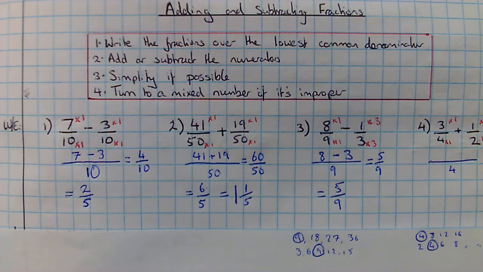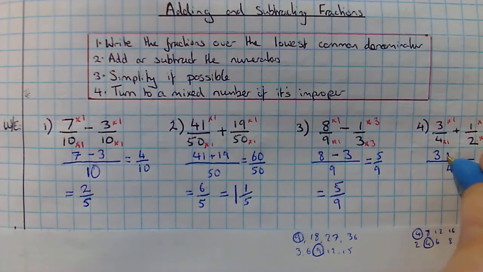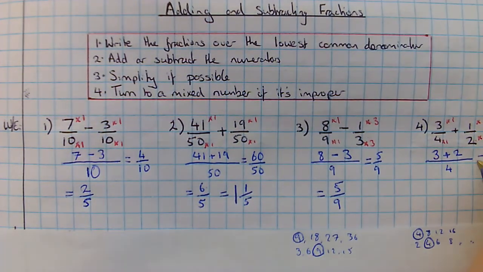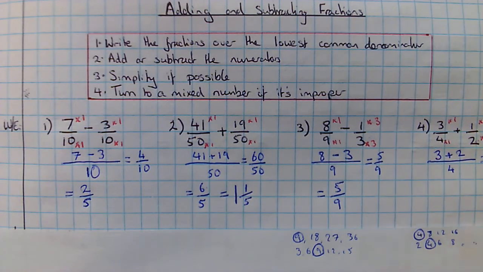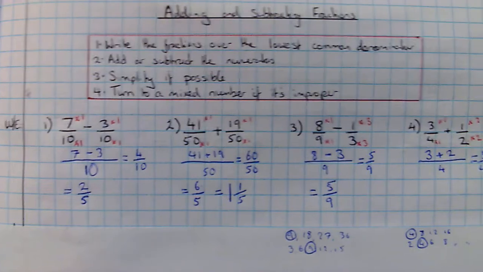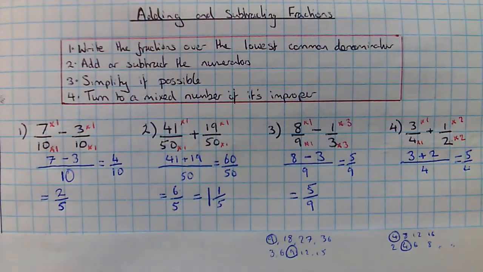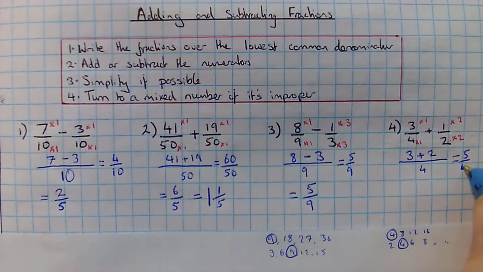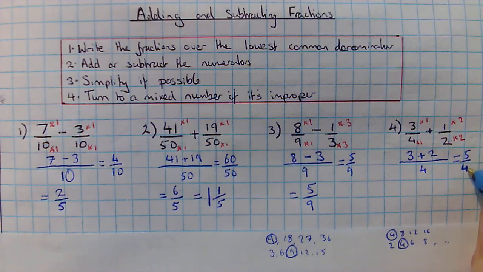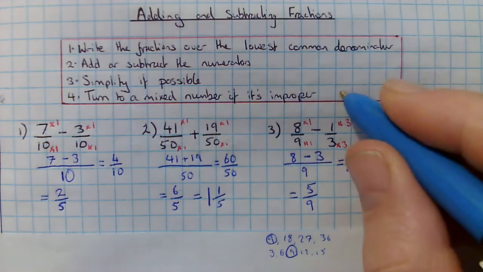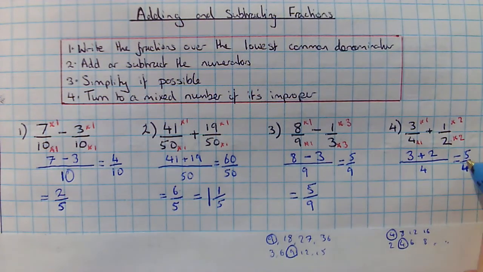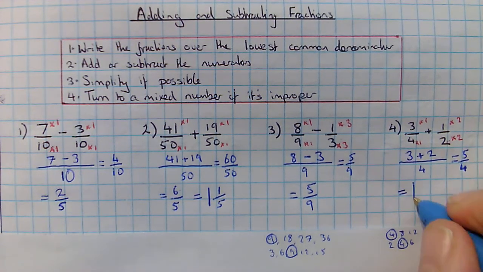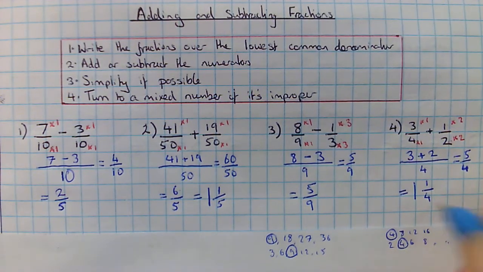So this gives me 3 add 2, which gives me 5 over 4. I can't simplify it, there's nothing that goes into both 5 and 4, but I do have an improper fraction. So 5 divided by 4 is 1, remainder 1, so 1 1/4.